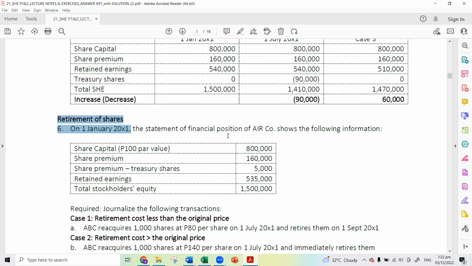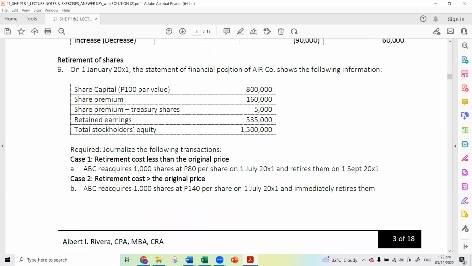Di ba yung sa treasury shares, hindi pa yan na-retire? Unlike treasury shares, which can be subsequently reissued, ang retired shares class, hindi na yan. Bawal na yan. Retired shares cannot be reissued. Okay?